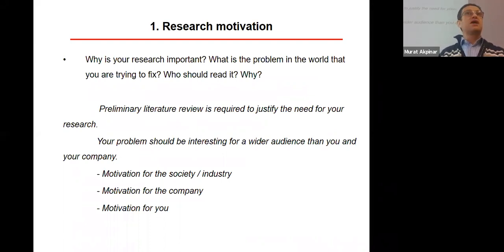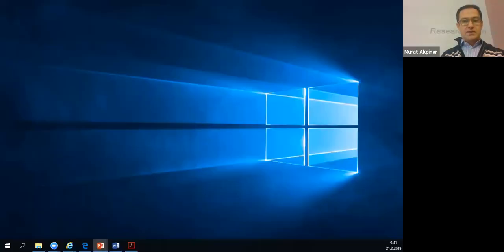So I have picked up a good example of a research plan to share with you. And now we will also go through that so that we see what is expected at this level.